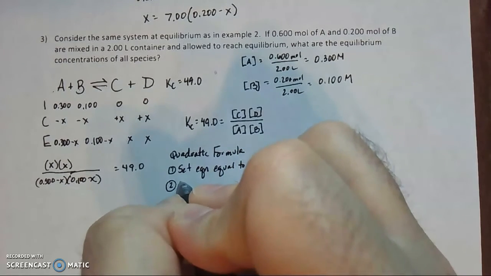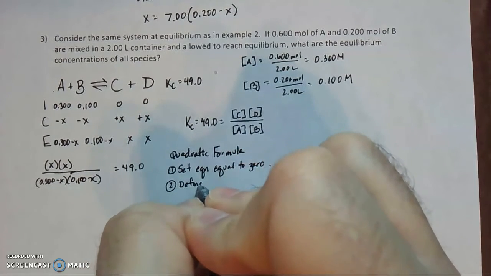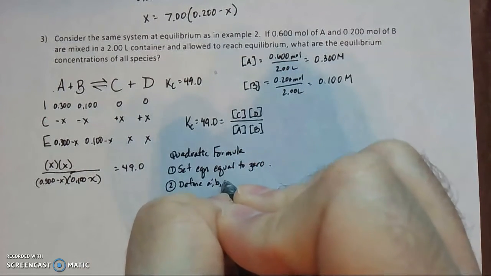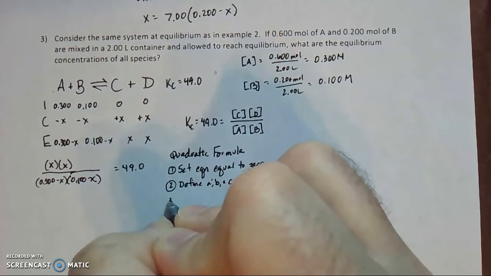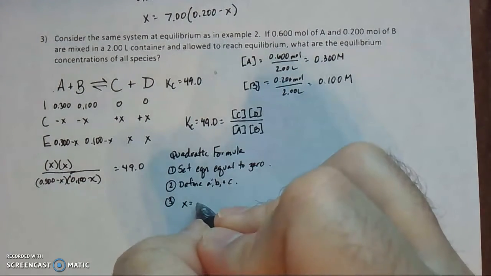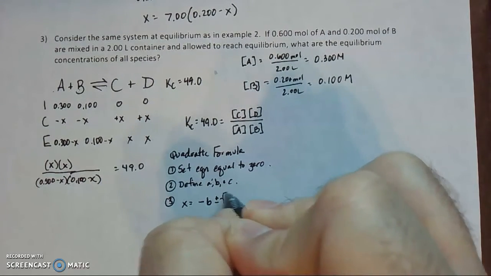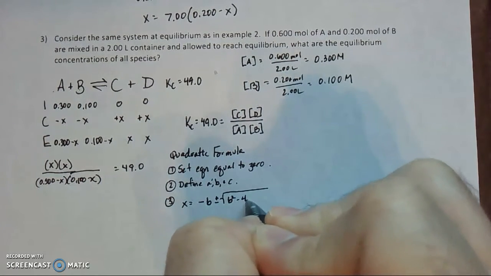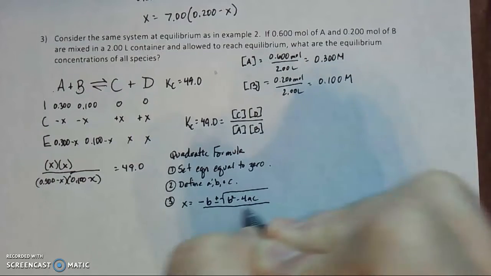Then we need to define a, b, and c, and use the quadratic formula to solve for x. If you remember, the quadratic formula is negative b plus or minus the square root of b squared minus 4ac, all over 2a.